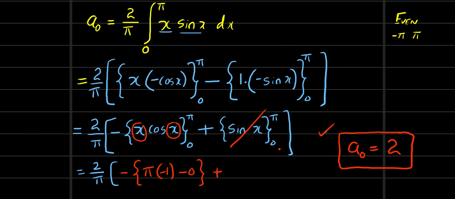Okay, so let's move ahead. Now we have to find an. So don't forget, it's an even function and the range is minus pi to pi. So together we have a huge advantage. Advantage number 1, we don't have to find bn.